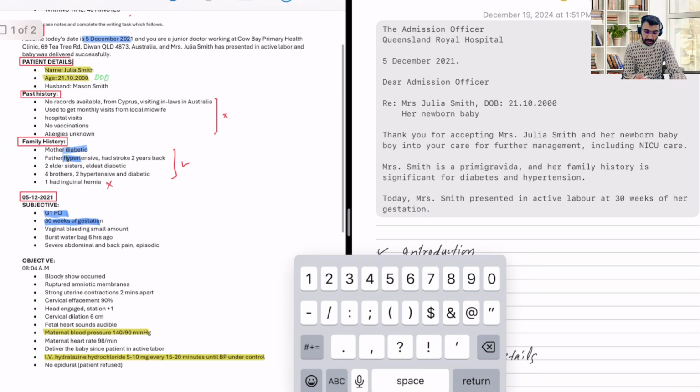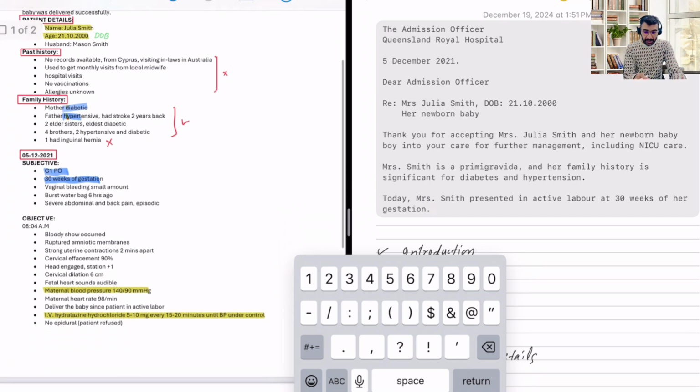Then what else? We talked earlier that the progression of labor was actually uneventful. We only highlighted here the patient's raised BP and treatment for it. We will include that. BP 140 over 90.